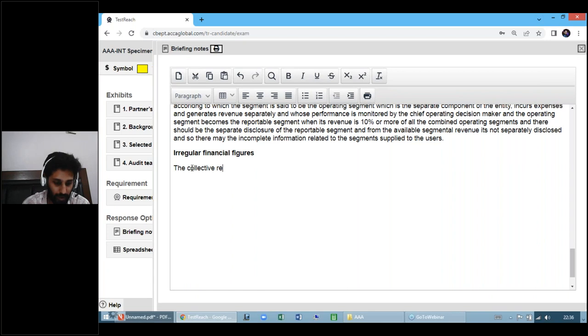The collective revenue is increasing by 14%.